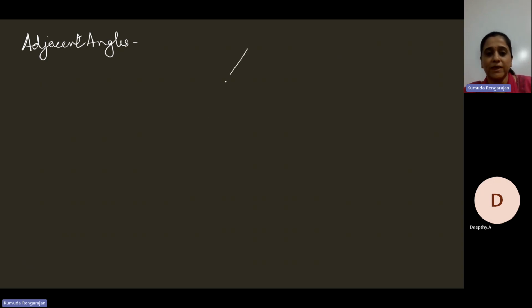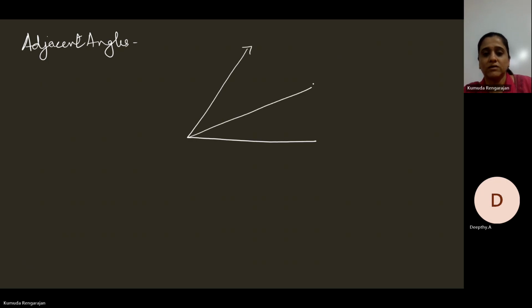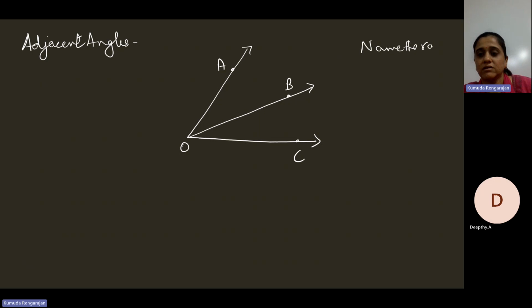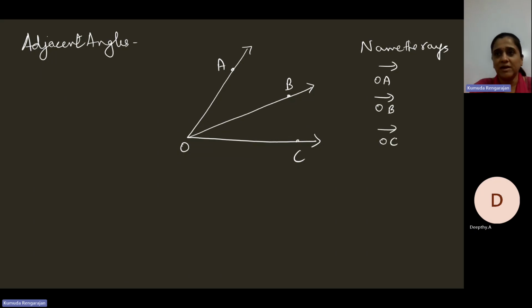I'll just take a figure. Name the rays you see in this figure. OA, OB, OC. Now these three rays have the same end point.